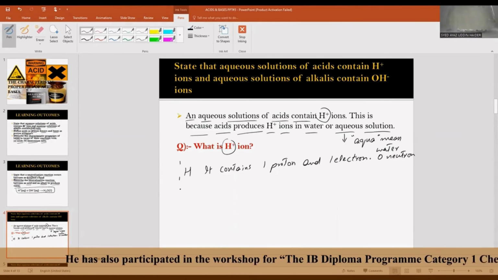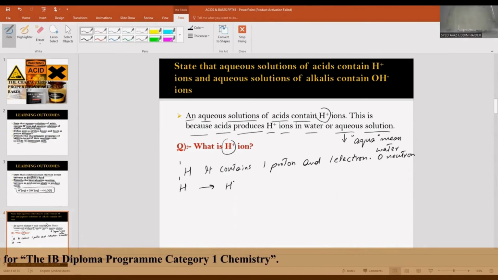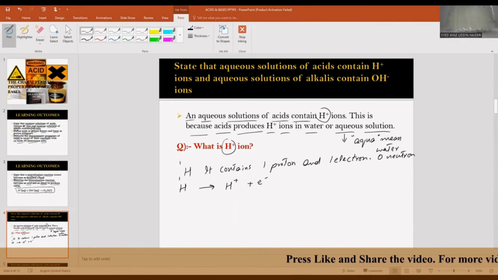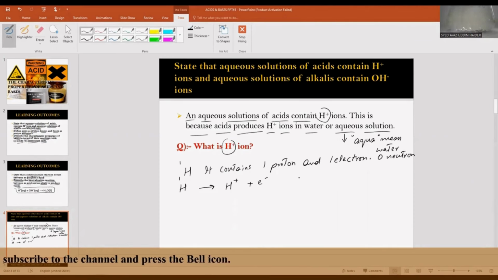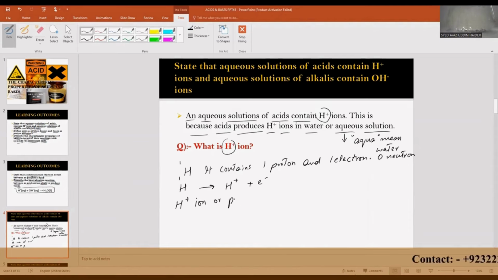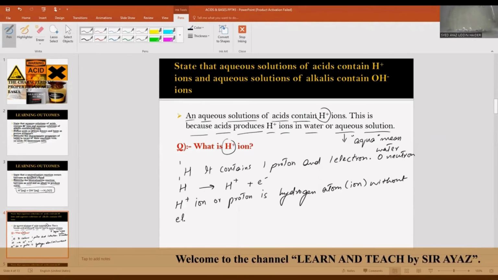Whenever hydrogen loses an electron, it forms H positive ion. So that electron is removed. Now it's left with only 1 proton. That's why you can also call it proton or H positive ion. H positive ion or proton is hydrogen atom without electron.